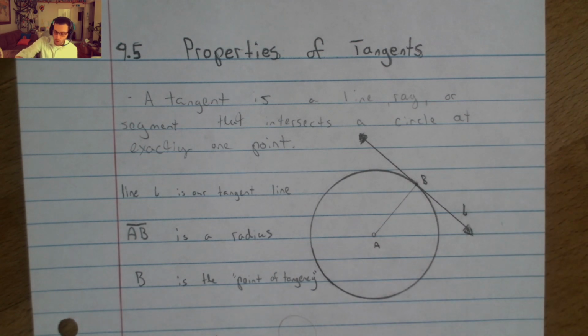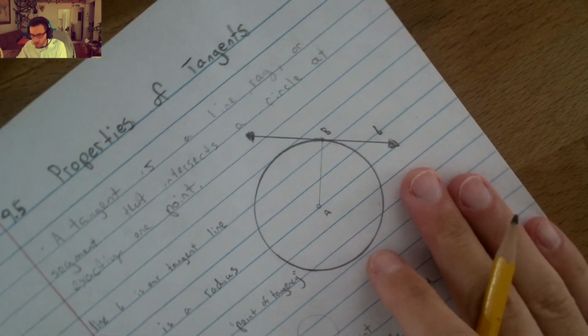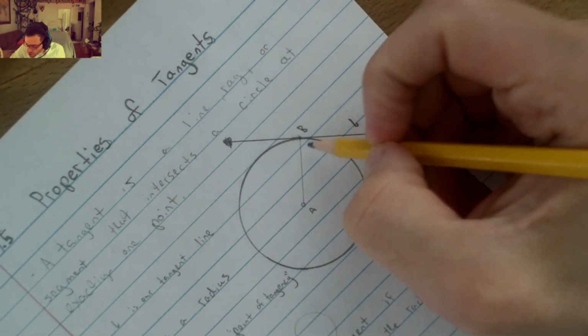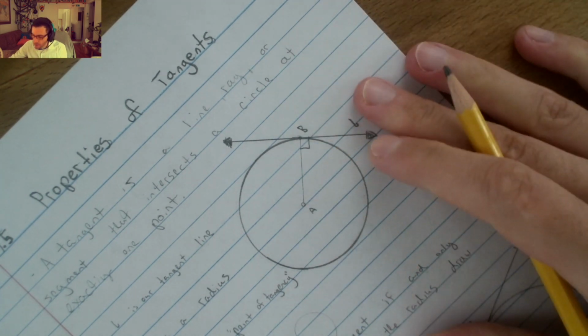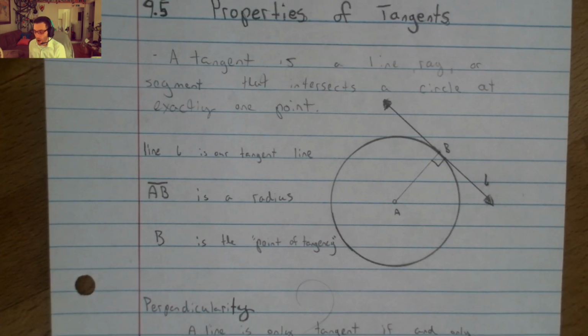And what ends up happening when a tangent contacts a circle, if you were to draw a radius out, that radius is essentially going to be 90 degrees, or perpendicular, with our tangent.